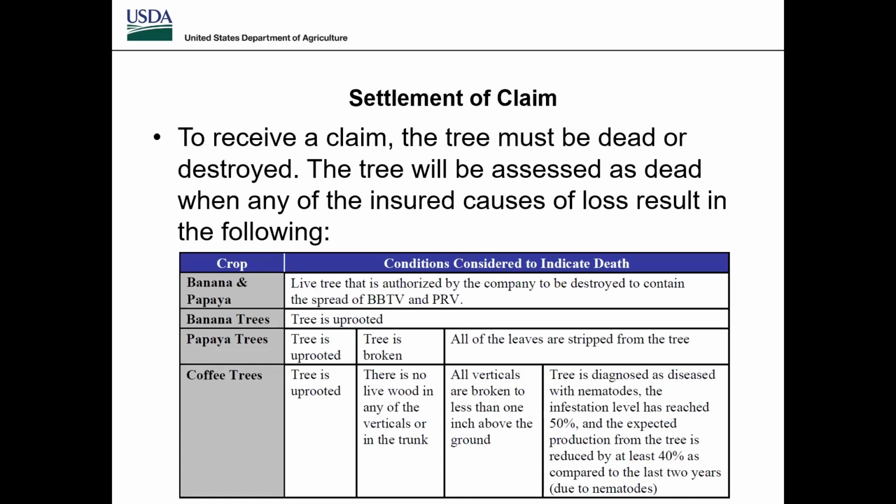To receive a claim, the tree must be dead or destroyed. The tree will be assessed as dead when any of the insured causes of loss result in the following.